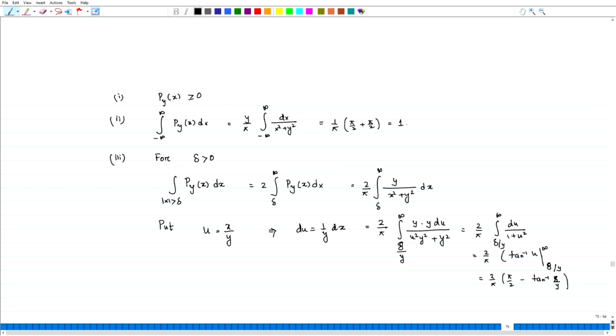So, as y goes to 0, tan inverse of delta by y converges to pi by 2. So, this converges to 0 as y goes to 0. This shows that p y x is a good kernel.